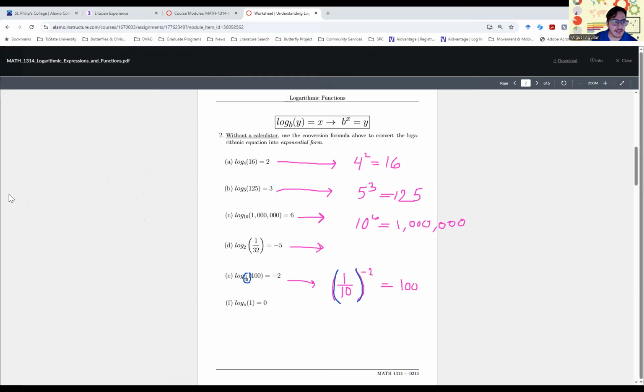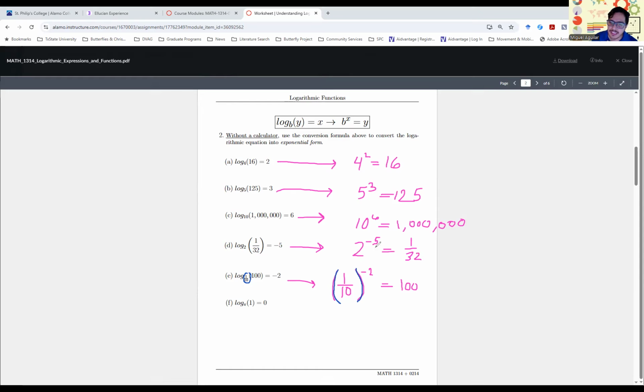Not a problem. Okay, so we're going to back up and do that other one. 2 to the power of -5 equals 1/32. Yeah, that's good. And actually, let me make another note here.